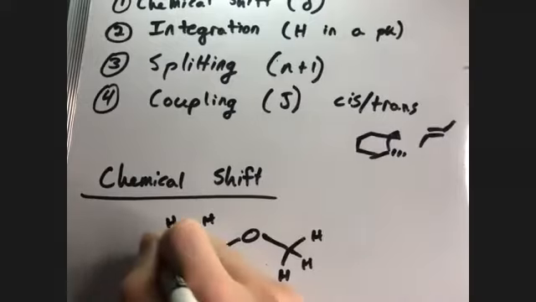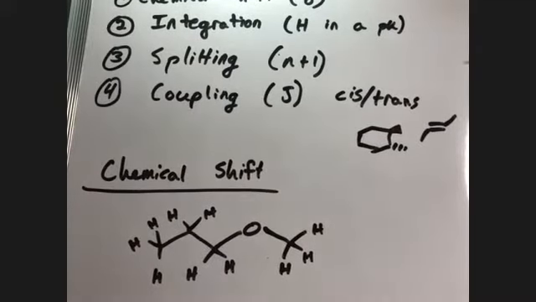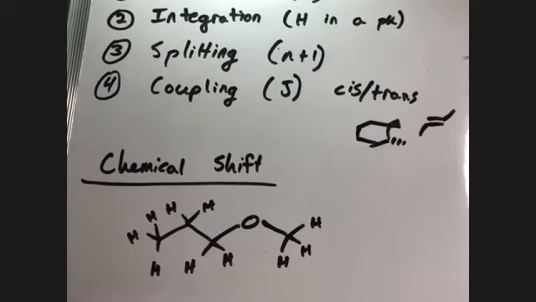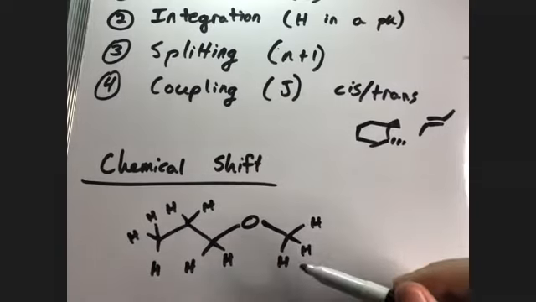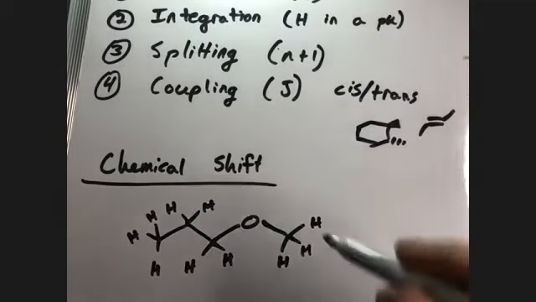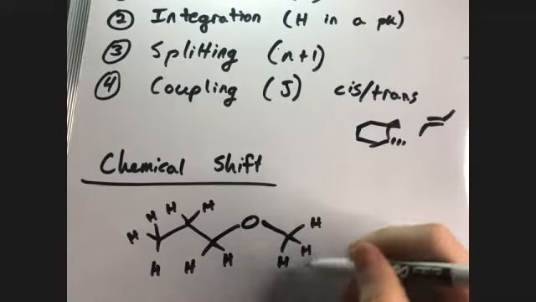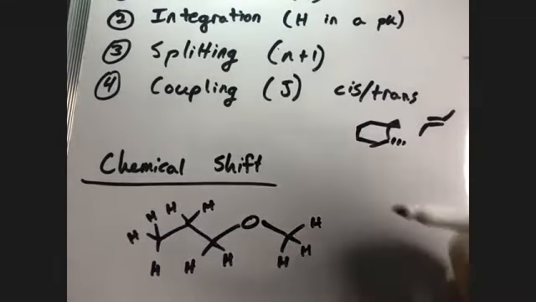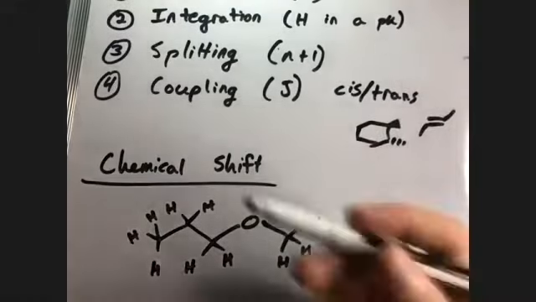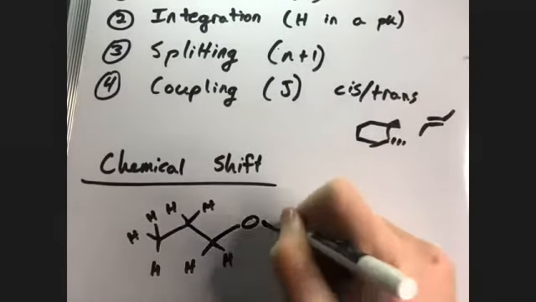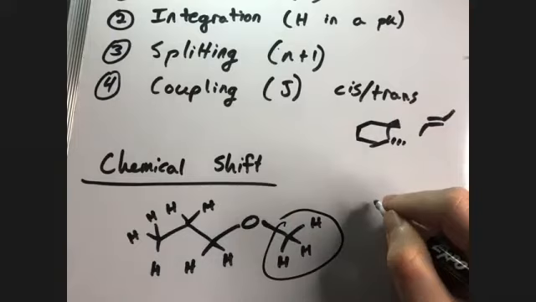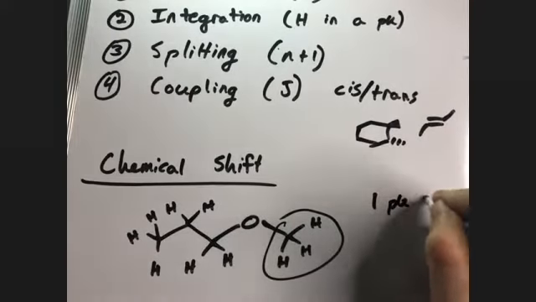So what we're going to see is peaks for all of these hydrogens. One thing to point out before we get into chemical shift is hydrogens on the same carbon don't influence each other. So what I mean is, we're going to see one peak for all three of these hydrogens that'll be integrated to 3 hydrogens. That's why we talk about integration. So this one is going to be one peak with 3 hydrogens, right?